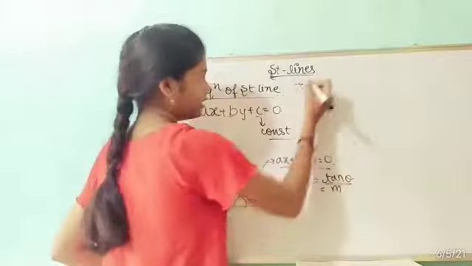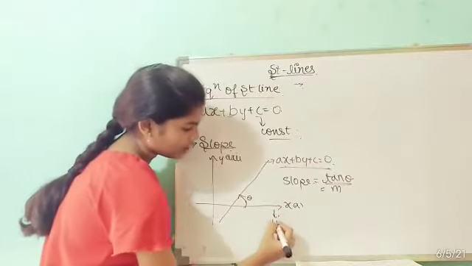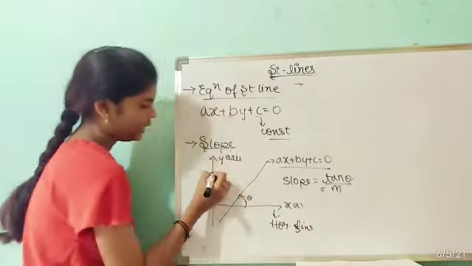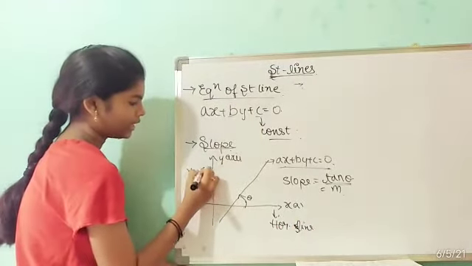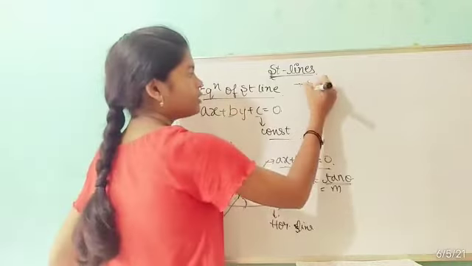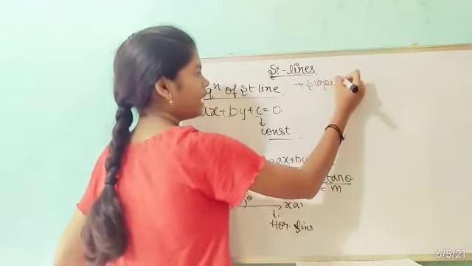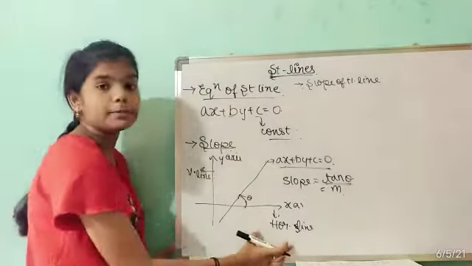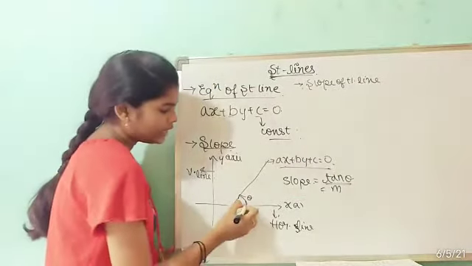Next, this is a horizontal line and this will be the vertical line. Now the slope of this horizontal line: if you observe this horizontal line, then theta will be 0.